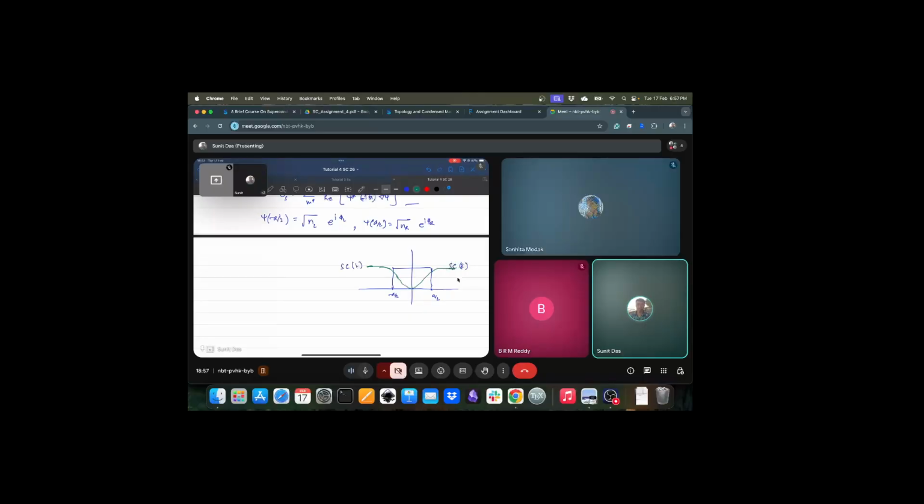Okay. Now, when we evaluate the wave function at plus a by 2 or minus a by 2, we can actually assume that it is almost the same as deep within the superconducting region. So that's what we are doing in this boundary condition.